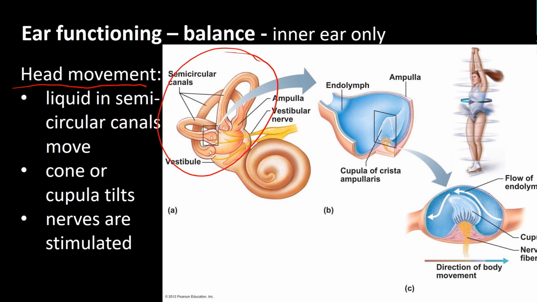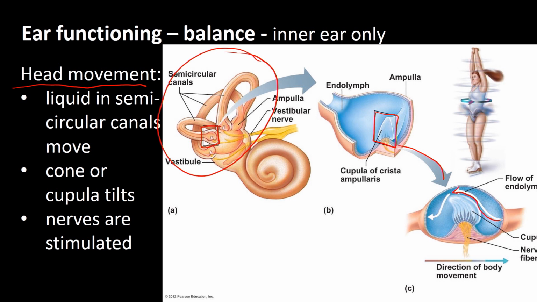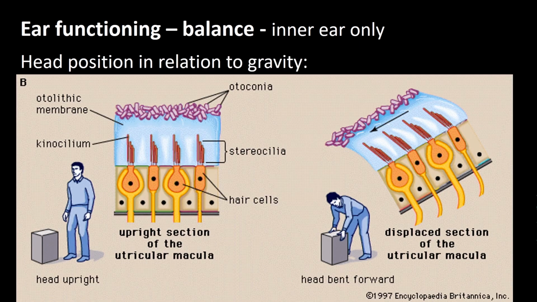They've got a swelling at one end, and inside the swelling is a little cone of jelly, and as you move your head from side to side, the liquid moves and it causes this cone of jelly to tilt, and embedded in the cone of jelly are nerves, and they send a message to your brain, and that's how you know your head is moving, even if your eyes are closed.